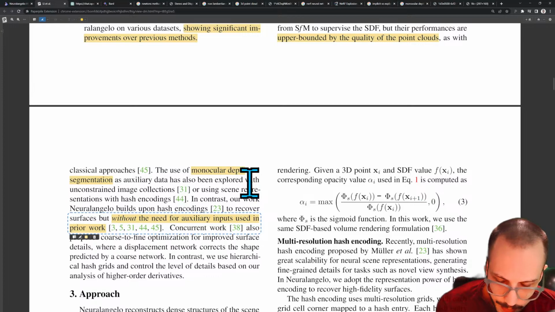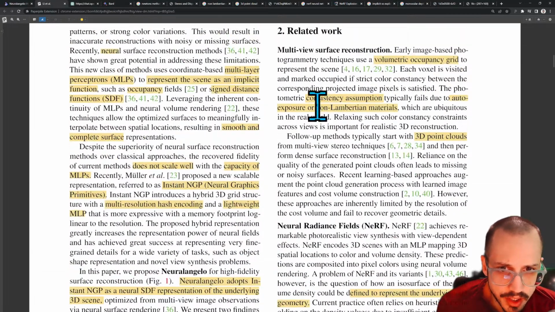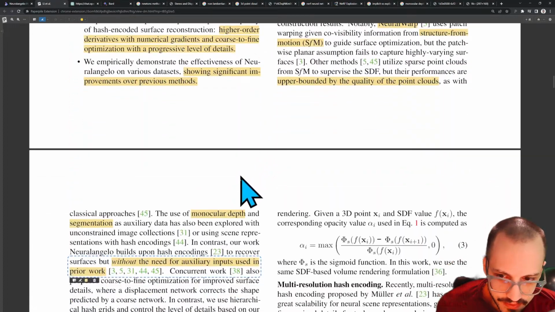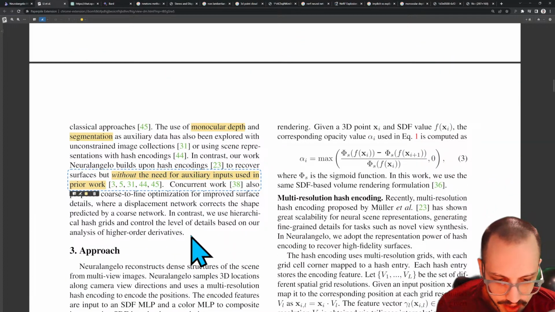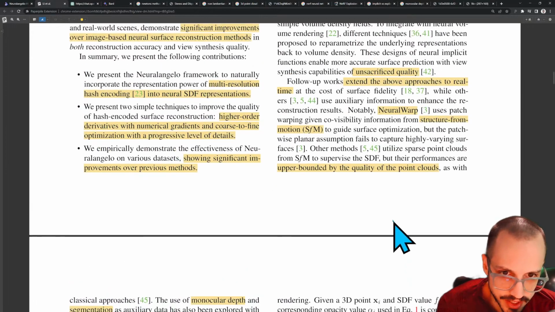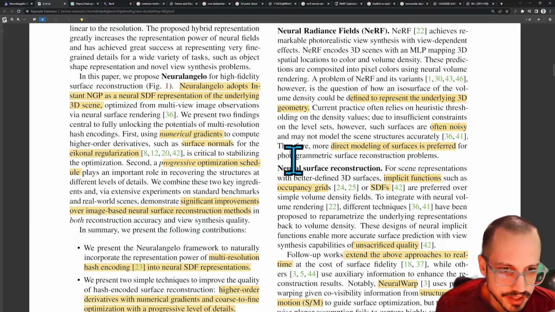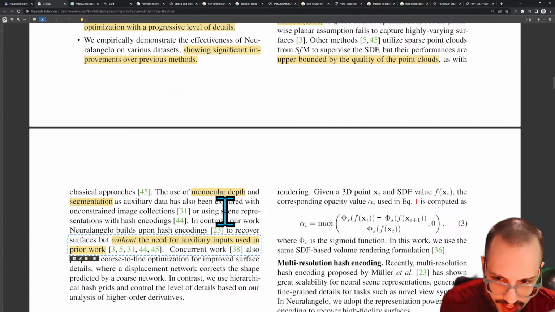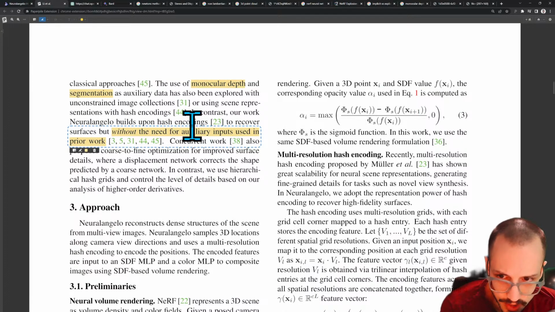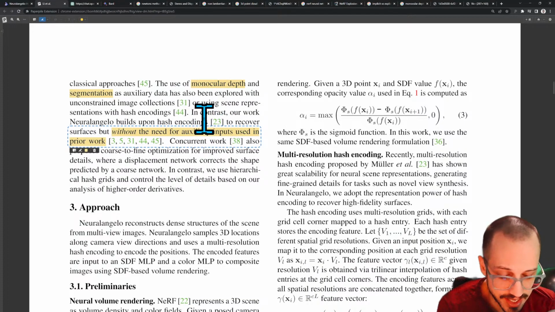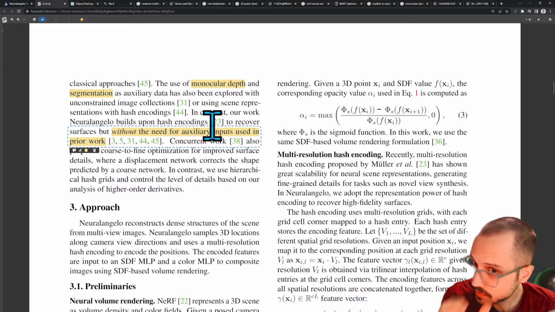Basically, this whole related work section is telling you that it's very common for people to try to use all this kind of extra information, like structure from motion, monocular depth, segmentation, explicit depth, because surface reconstruction is such a hard problem that if you can find any extra information that'll help you improve it, then you can create a technique that will generally be better, right?